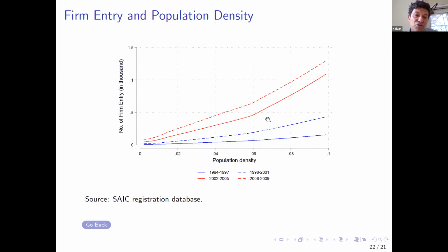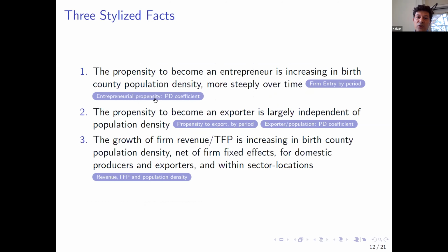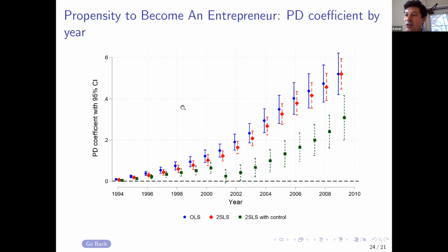Okay, now you might say that this result is just mechanical because with higher population density, you have a larger population. There are just more people who are available to become entrepreneurs. So a second way to look at this would be to look at the propensity to become an entrepreneur, which we measure by the number of entrepreneurs from a given birth county divided by the total number of potential entrepreneurs, which is men between the age of 25 and 60.